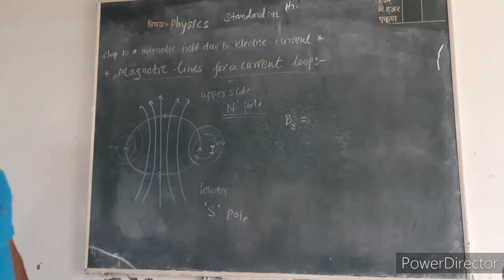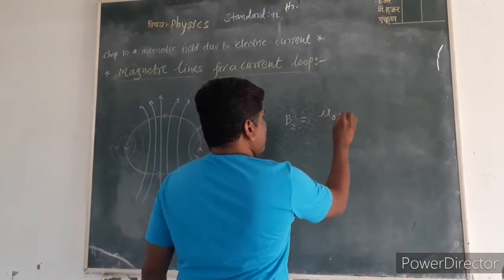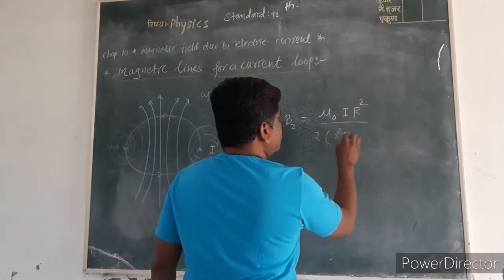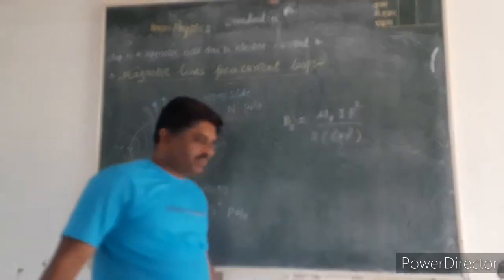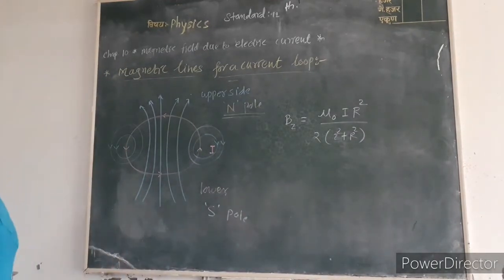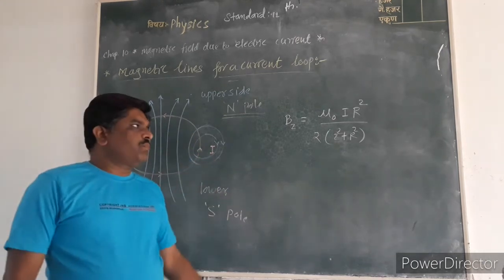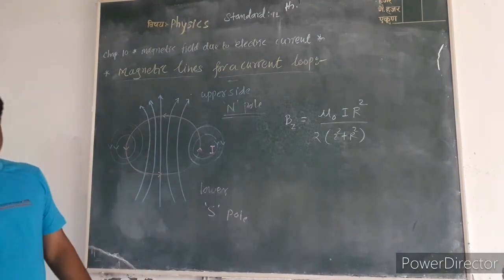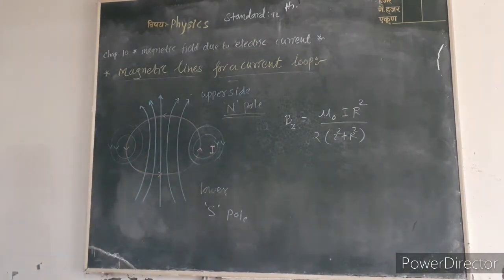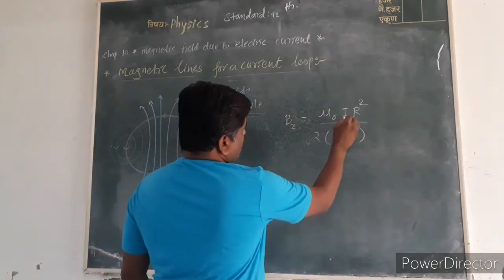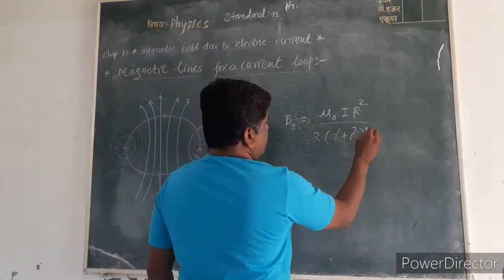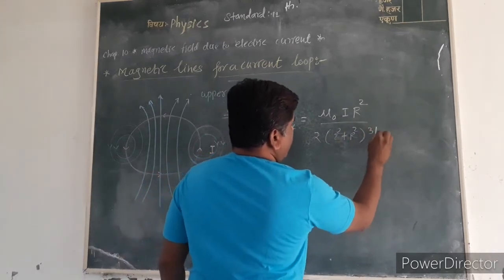Hence, we proved that Bz is equal to mu 0 I r square divided by 2 into bracket z square plus r square to the power 3 by 2. This is the magnetic field due to a current loop along the z-axis direction.